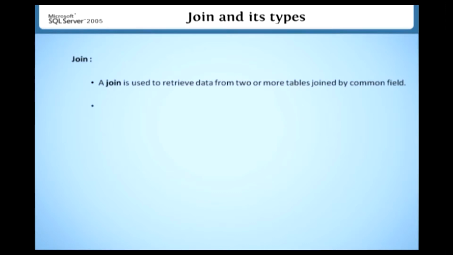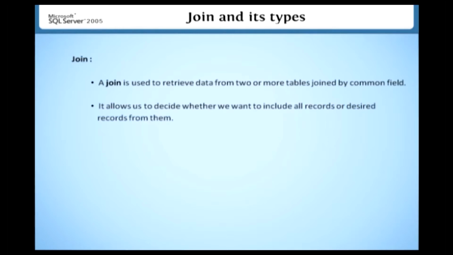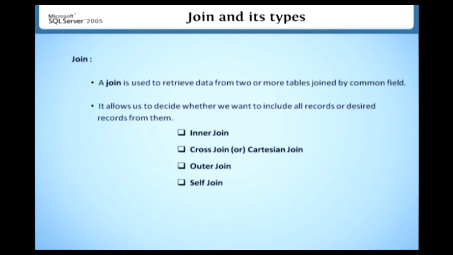It allows us to decide whether we want to include all records or desired records from them. SQL Server supports various types of joins. They are inner join, cross join or Cartesian join, outer join, self join. Now we are going to learn about each type briefly.